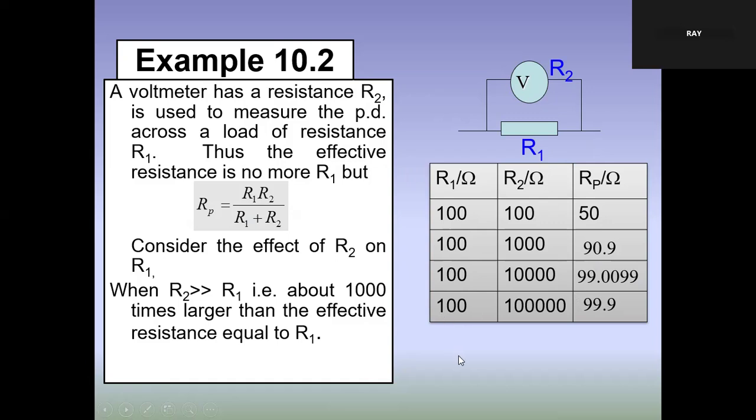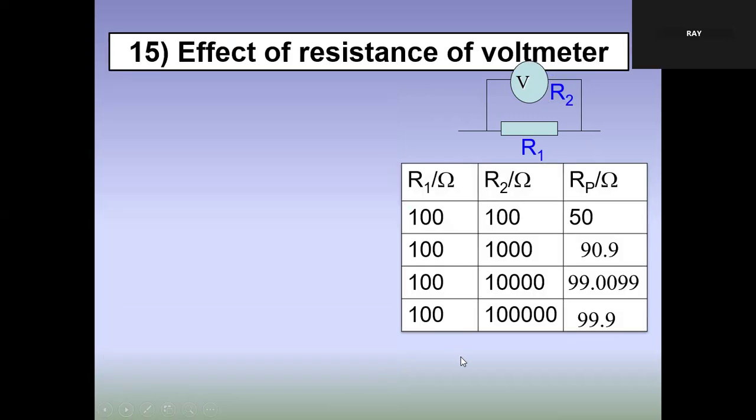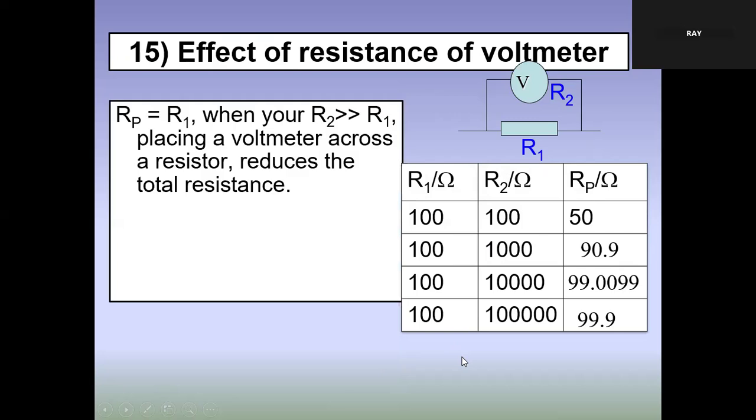So RP equals R1 when R2 is very much greater than R1. Important: when you want to measure the voltage across R1, the resistance of the voltmeter must be about 1,000 times greater than R1.